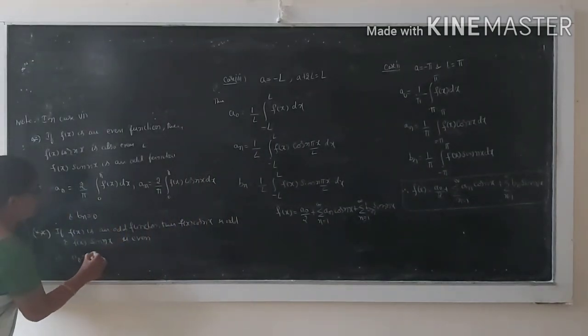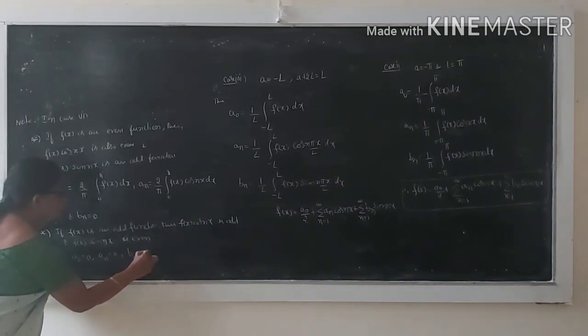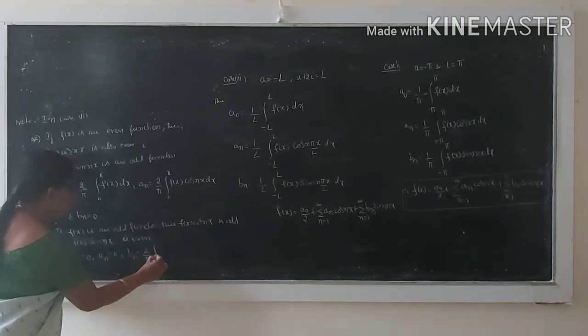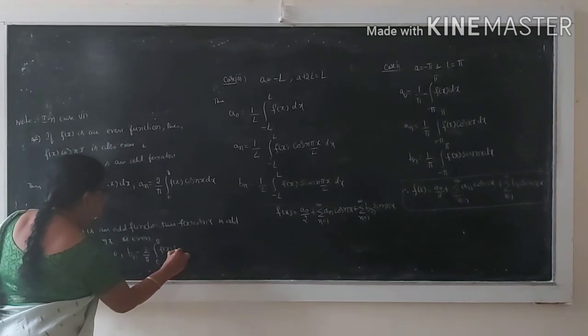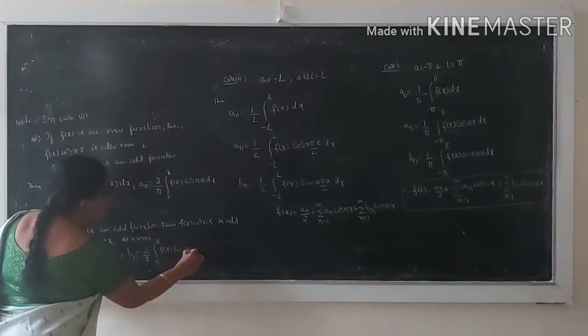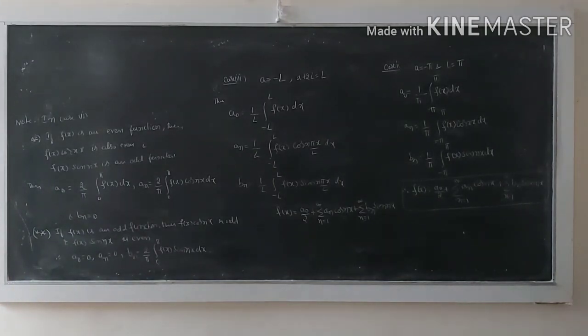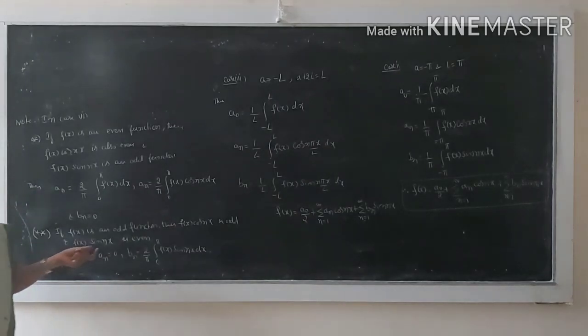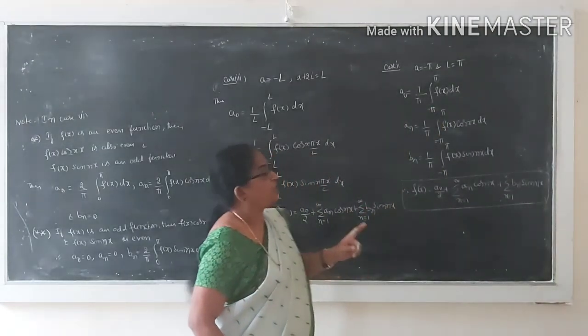And an is equal to 0 and bn = (2/pi) integral from 0 to pi of f(x) sin nx dx. You observe this: we can use this technique whenever the limit ranges from -pi to pi.